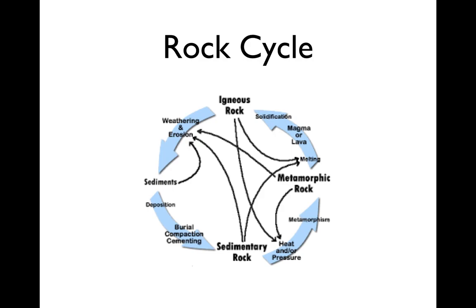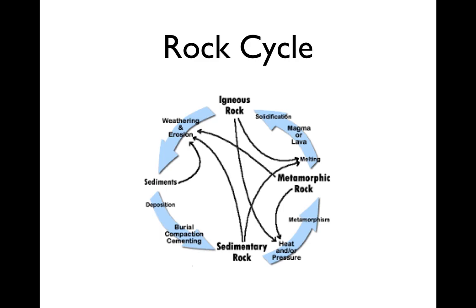Those sediments get deposited, and then they get compacted and cemented together, and that gives us sedimentary rock. For metamorphic rock, the arrow before that is heat and pressure. For igneous rock, the blue arrow before that is melting into lava or magma, and then it cools off, or solidifies, and gives us igneous rock.